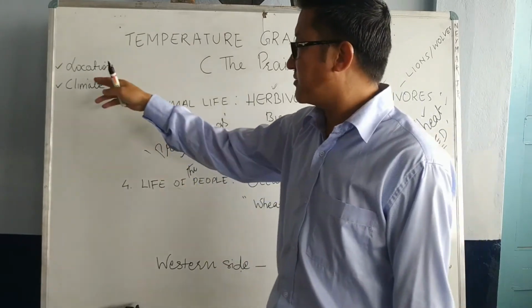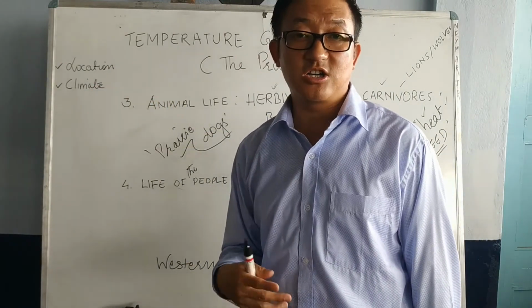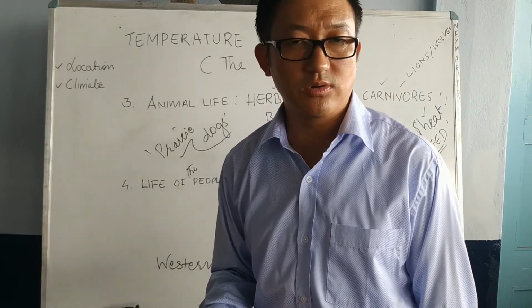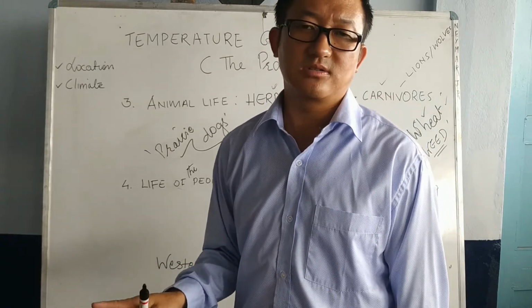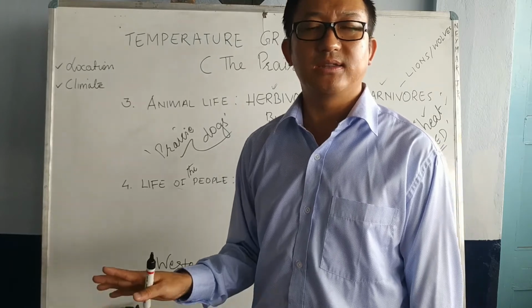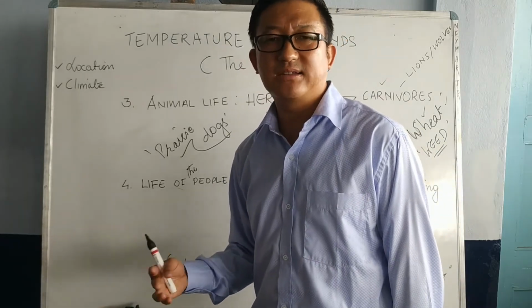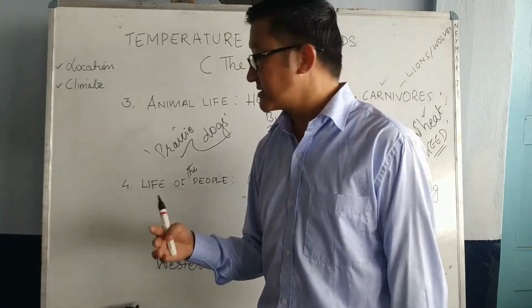Then we discussed climate. Climate is very harsh, because some places are very hot and the winter is very cold, but in a way the weather is quite okay compared to some other hot countries and the deserts.